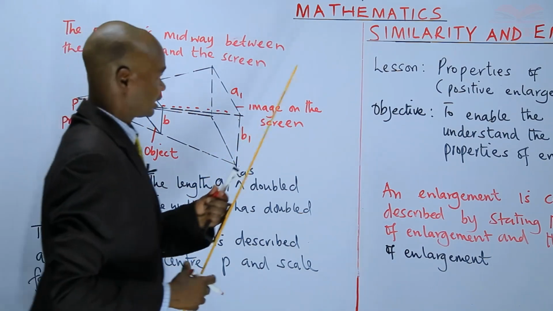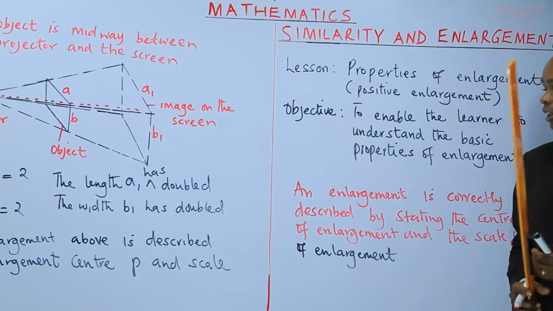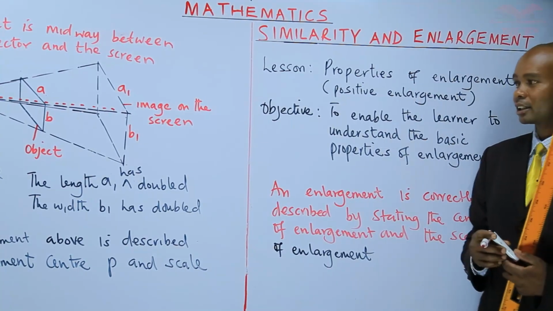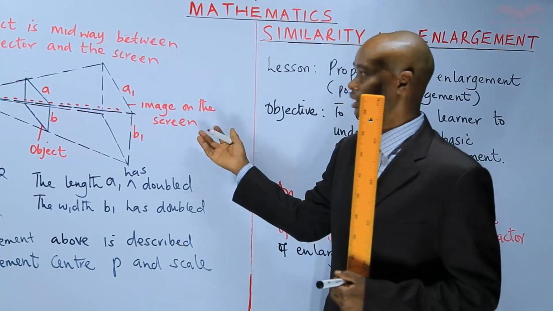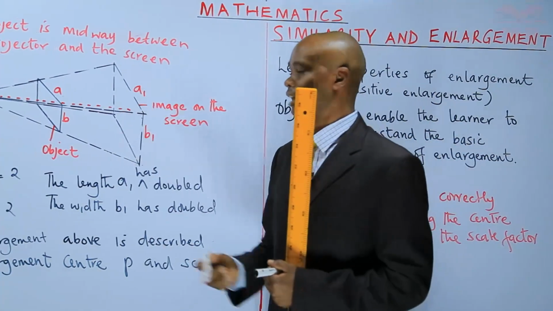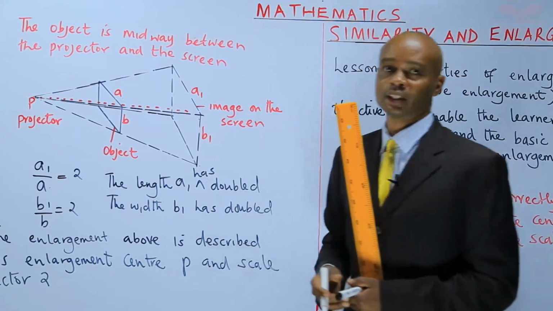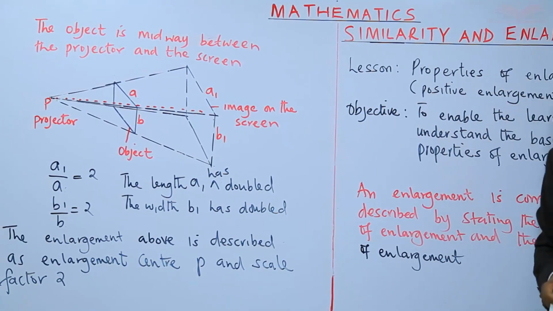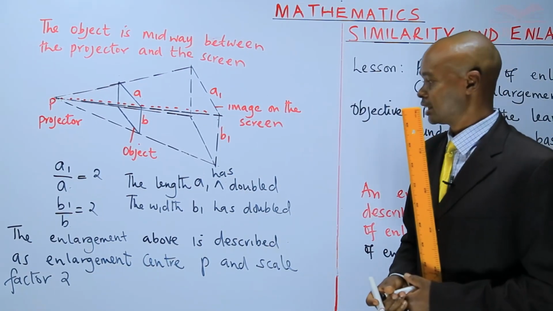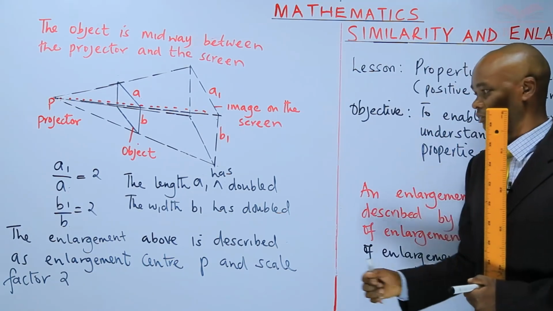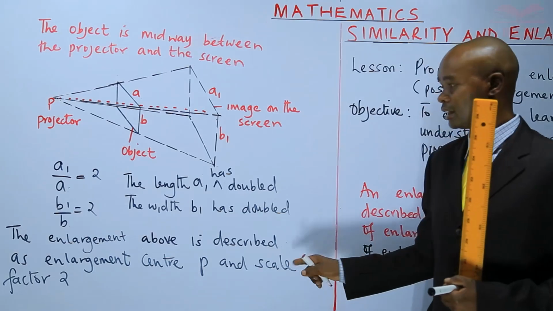So having done that, a simple description of enlargement will be a proportionate increase in the size of an object. What changes in that object? It is the linear dimensions if it is a plane. So at this stage, we've used a plane. And we are able to describe the enlargement using a center and a scale factor.